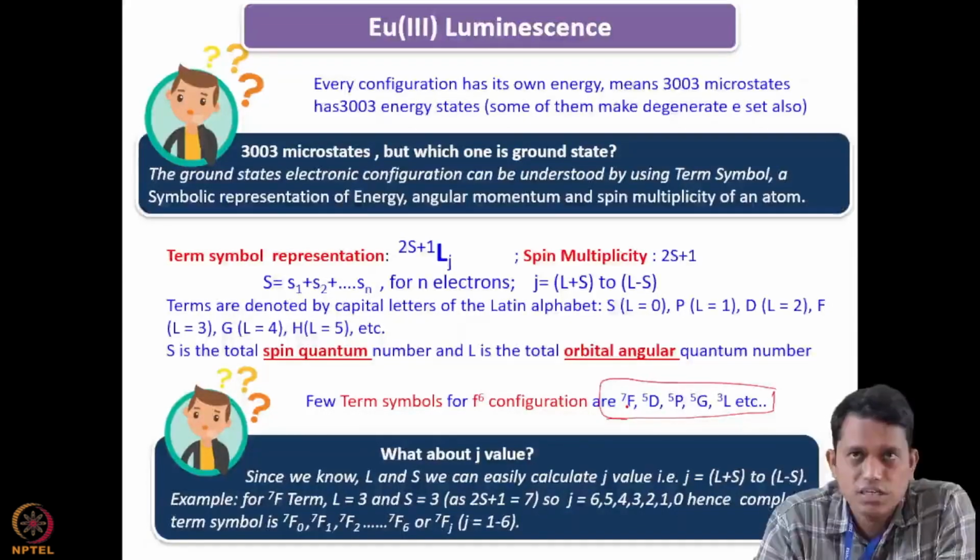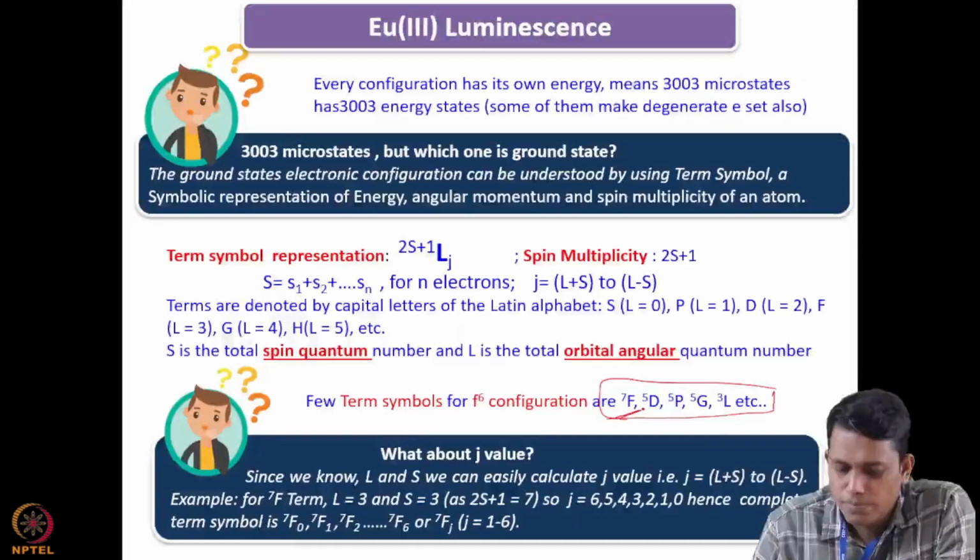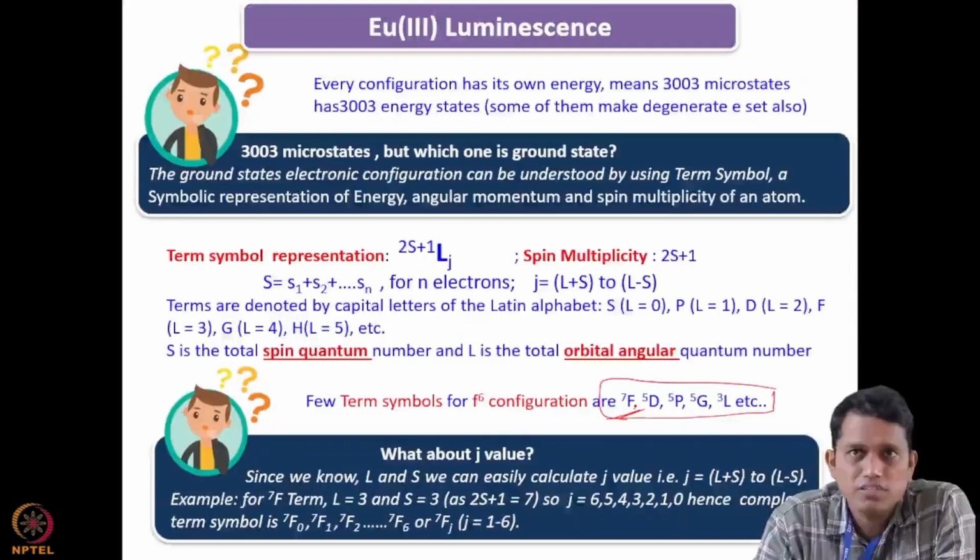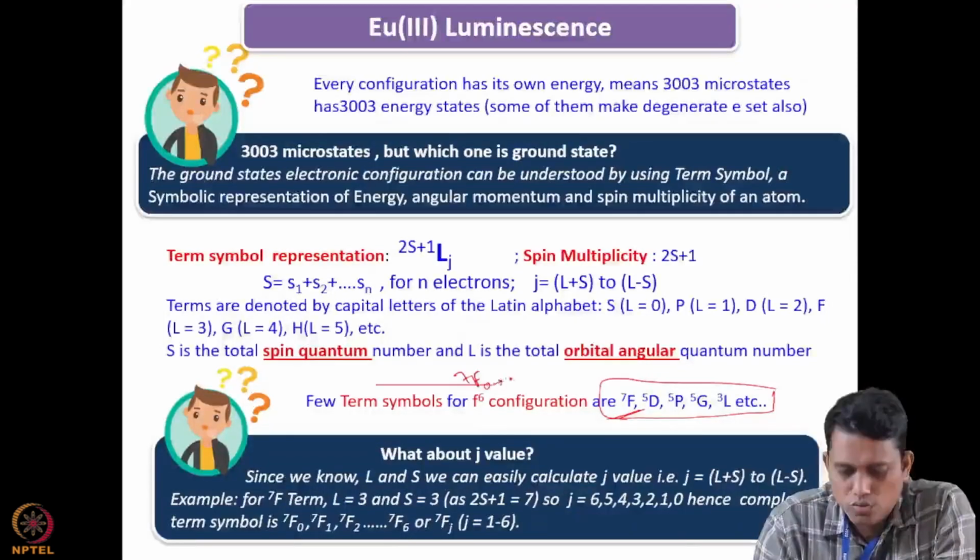As we have discussed, with the f6 configuration of europium 3 plus, we have a 7F state, and in the 7F state we have certain J levels, 7F0 to 7F6. Out of these levels, 7F0 is the ground state and 7F6 is the highest state in this 7F level.